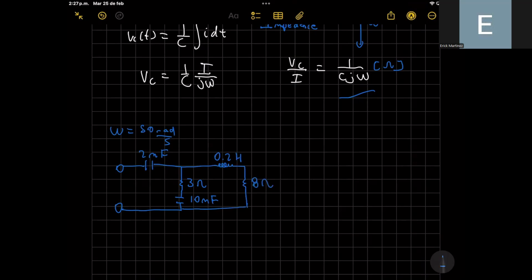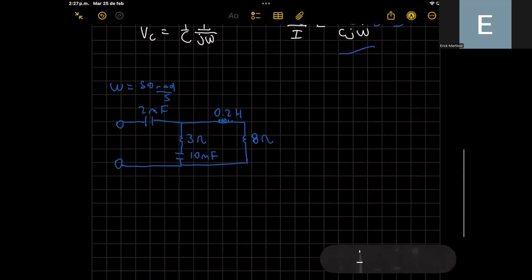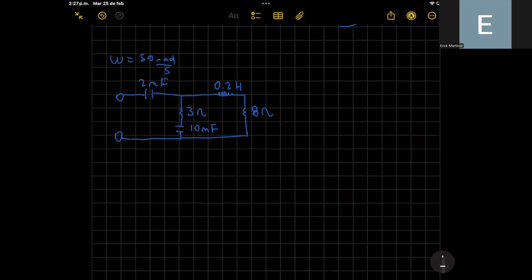So the first step in order to simplify this circuit is that we need to convert all the elements to their impedance equivalent. For example, here we have a 2 millifarad capacitor, but we know that the impedance of the capacitor is equal to 1 over J times omega times C. We know the value of omega, that is 50 radians per second, and we know the value of the capacitor, that is 2 millifarads.